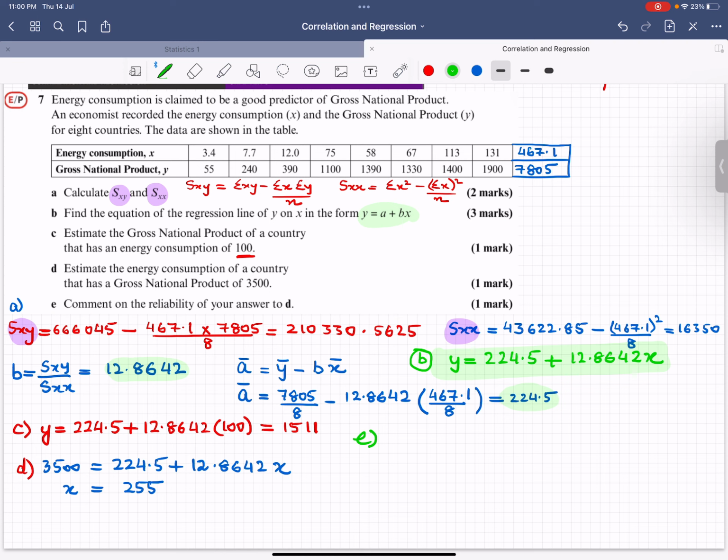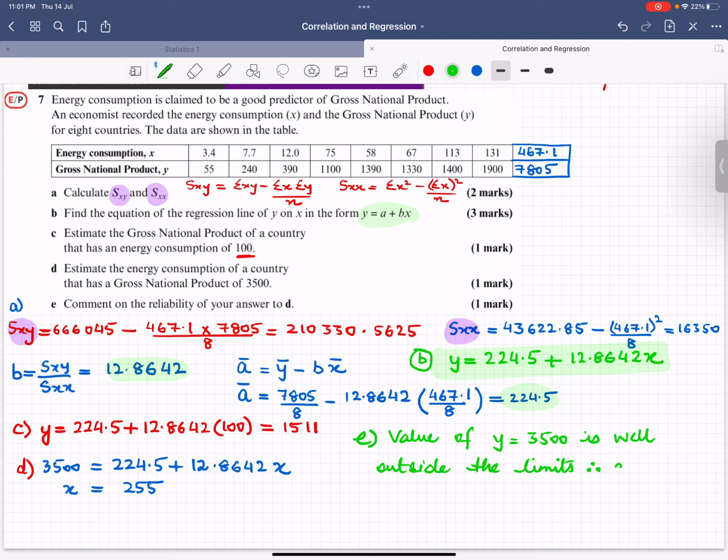So we can write that the value of Y equal to 3500 is well outside the limits, and therefore the answer is unreliable as it involves extrapolation.